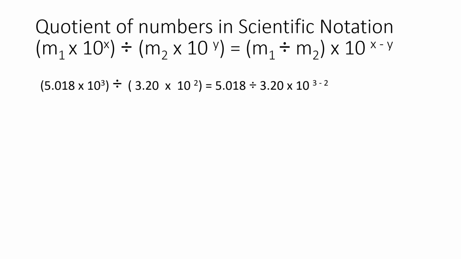For example, I am again taking the same two numbers which I took in multiplication. It is 5.018 into 10 raised to power 3 divided by 3.20 into 10 raised to power 2.